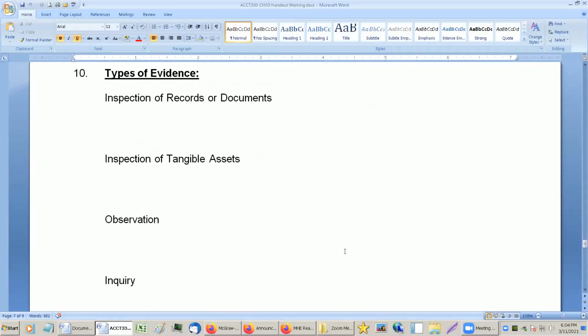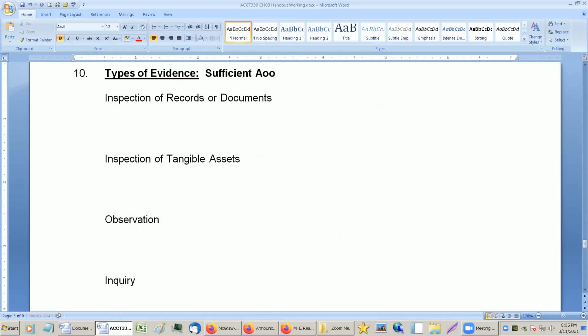So, types of evidence. So these are all the different kinds of evidence that you'll use to get enough evidence to make an opinion. And again, you have to get enough of this. You have to get sufficient, appropriate evidence.